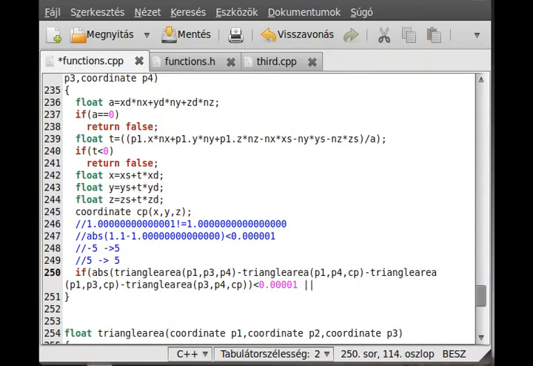So I use an OR, and again I just type it. I won't show you where it comes from, just type it quickly. Maybe I'll even cut it. So again, let's start with absolute value, triangle area, and again I get the main triangle, so P1, P2, P3. Oh yeah, I wrote it right.